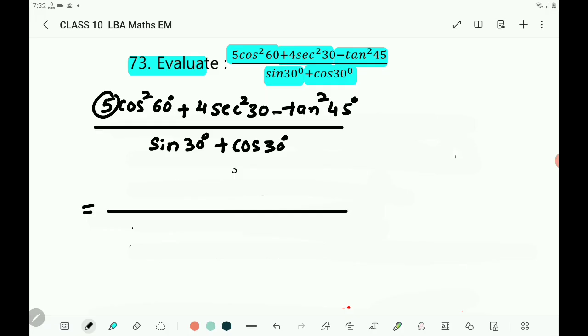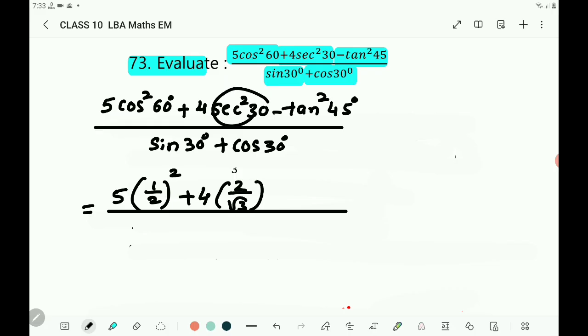Write 5 as it is. Cos 60 is 1 by 2, so cos square 60 is 1 by 2 whole square. Plus 4 you write as it is. Cos 30 is root 3 by 2, so secant 30 is 2 by root 3, whole square, because secant square is there.